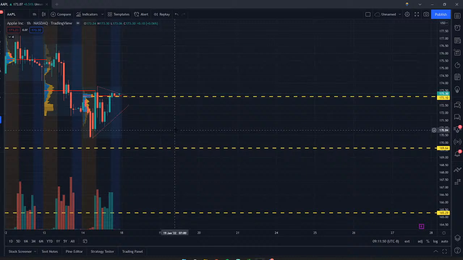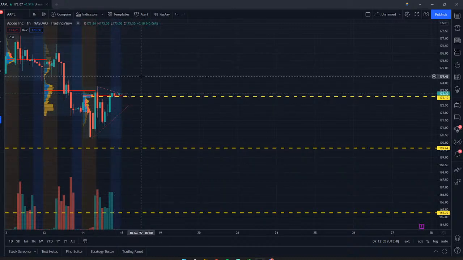It doesn't really matter, months, I don't care. The higher the time frame that you find a pattern on, the longer it's going to take to play out, and the bigger move you will see when it breaks out of that pattern.